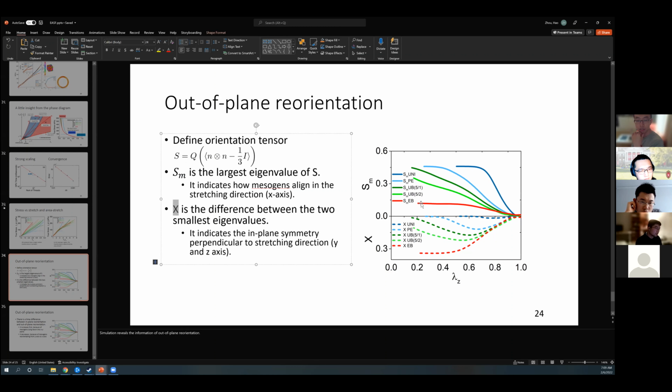Z basically is the out of plane direction. So if the S_m is larger, it means that more molecules are orienting in the X direction.